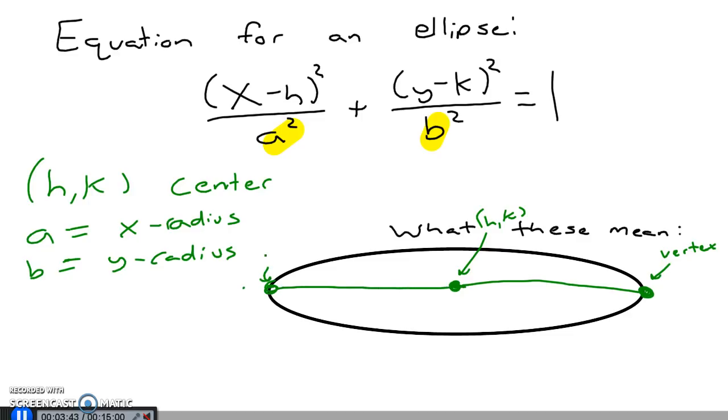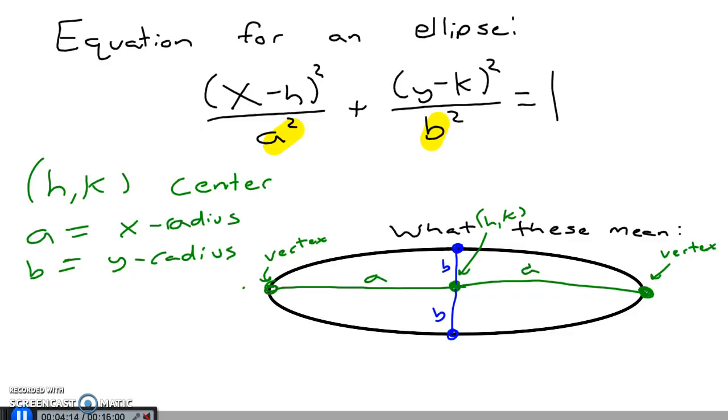These are the vertices. Now, these happen to be the vertices because a in this drawing is larger than b, b being the y radius. They go up to the highest y and the lowest y. These distances are both b, while both of these x distances are a's.